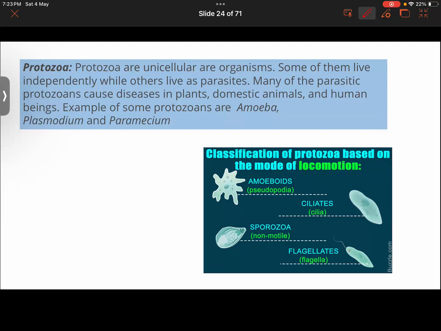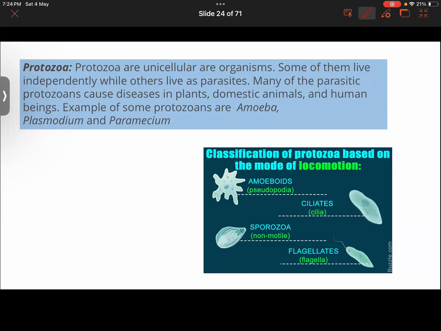So we did talk about bacteria. Then we talked about fungi also. Right now we are talking about protozoa. Protozoa are unicellular microorganisms, and they are classified as animals; they are animal-like organisms. Just like algae are plant-like organisms, protozoa are animal-like organisms.